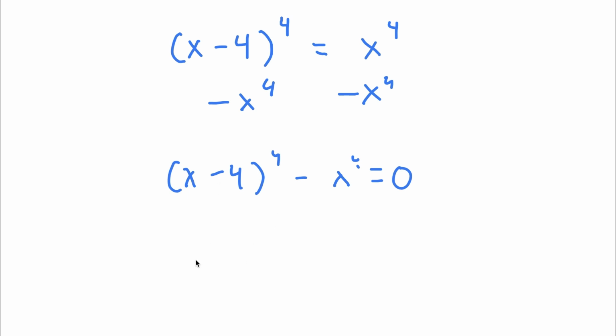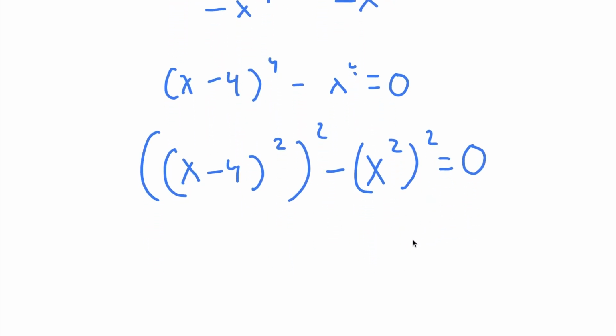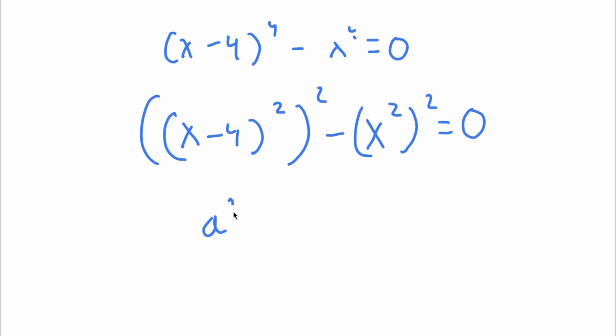Now I'm going to write (x − 4)^4 as ((x − 4)^2)^2, minus x^4, which I'm going to write as (x^2)^2, is equal to 0. Now, if I have something in the form a squared minus b squared, this is equal to (a + b) times (a − b).